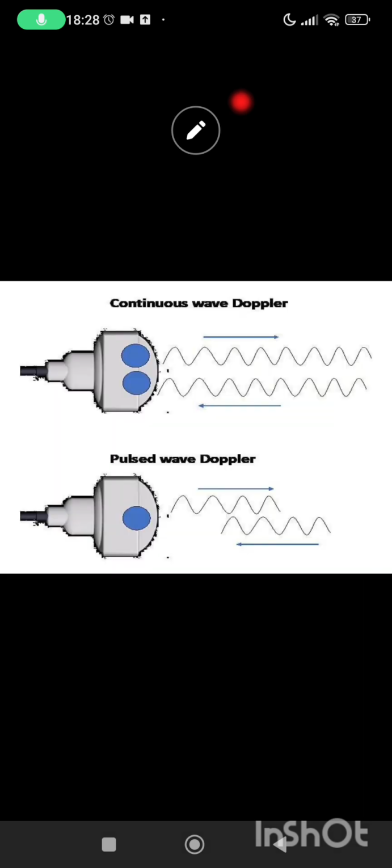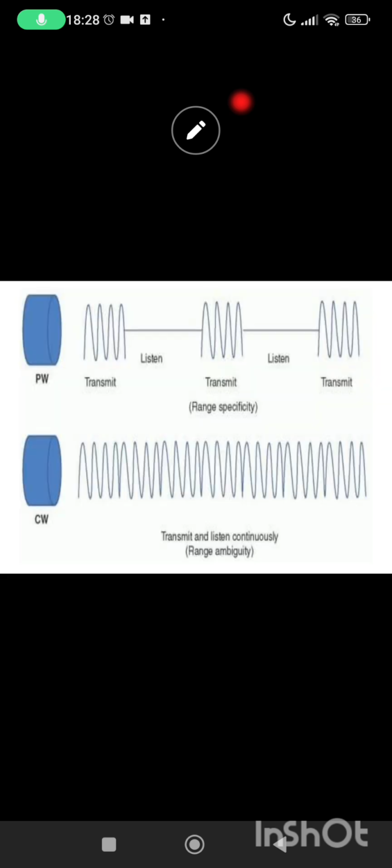Okay, very good. So again here we can see the comparison. In continuous wave Doppler, transmission and reception happen at the same time. Pulse wave Doppler has only one crystal. First it transmits, then it only receives. In pulse wave Doppler, there is pulse transmission, then a break.